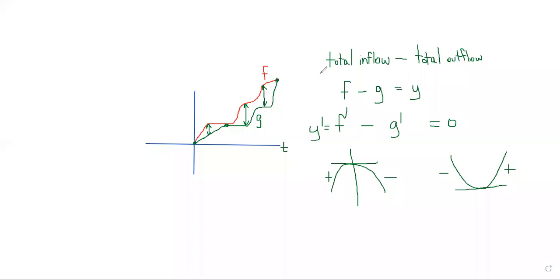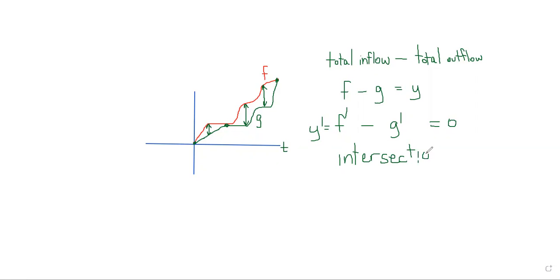Now we talked about how to get this 0 point easily using your calculator. You need to be able to do the intersection function or the 0 function on your calculator. Okay. That means that you're going to have the intersection function.